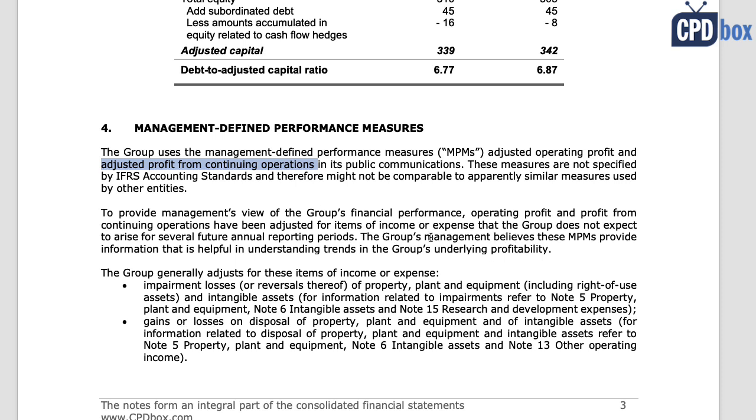And also it says that the group's management believes that these MPMs provide information that is helpful in understanding trends in the group's underlying profitability. So here you have that aspect, profitability, and why, understanding trends. Of course, you have to think of the specific circumstances of the specific entity.